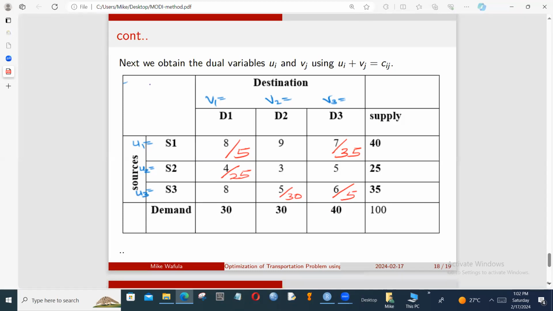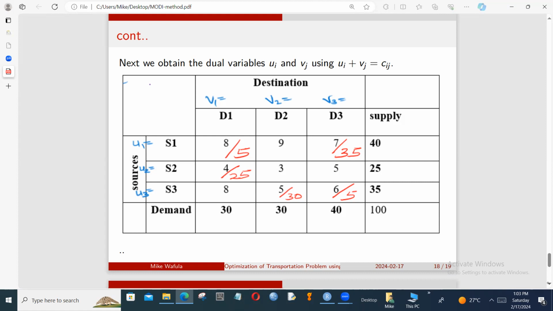So in this case, which one do you want us to assign first? Is it U1, U2, U3, V1, V2, V3? Let's pick one out of all these. The other iteration, we picked U1 and assigned it first.